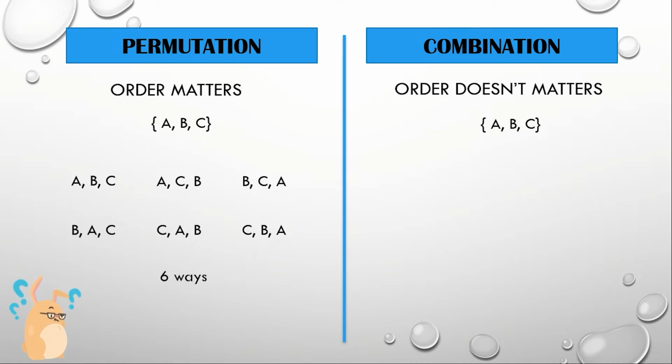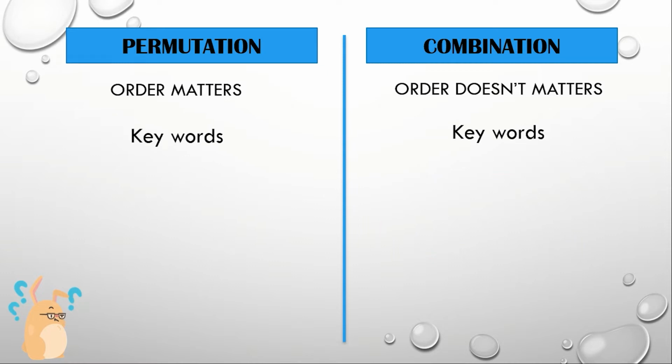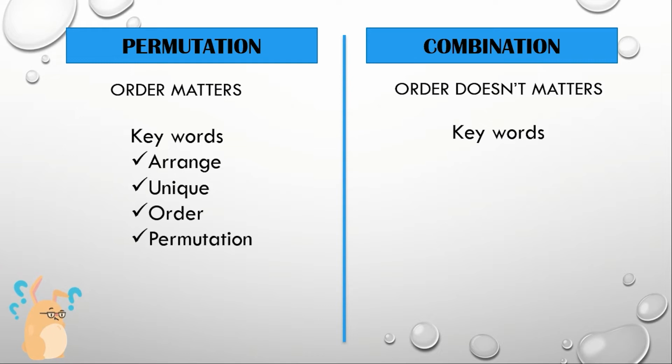While in combination, these 6 arrangements from permutation are only one way, because in combination, order doesn't matter. There are some keywords that we can use to easily identify if it is permutation or combination. For permutation, we have arrange, unique, order, and permutation.